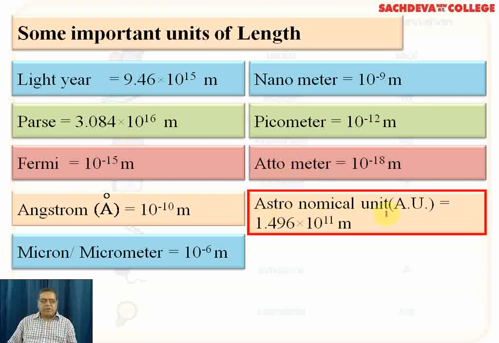It is a bigger unit. It is the distance between the center of Earth and the center of Sun. So it is found to be 1.496 into 10 to the power 11 meters. Well, we can write this number in terms of significant figures. That is, in the given number, if we remove 9, it will become 1.5 into 10 to the power 11 meters.